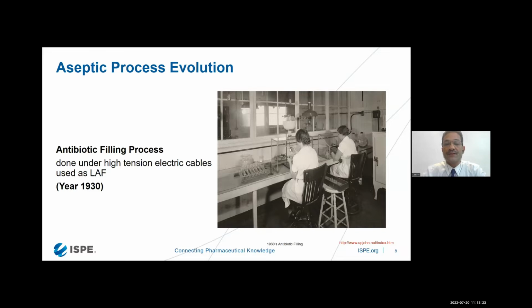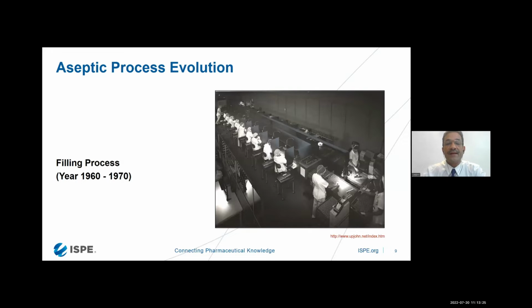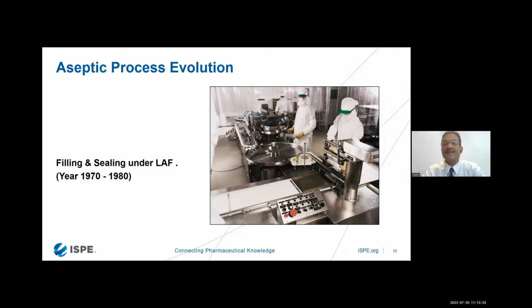The filling process went on in the 1960s and 1970s. You can see this is how the filling process used to happen. And somewhere in the 1970s, we had systems wherein the entire ceiling of the filling room was a fan filter unit, with HEPA filters across the entire ceiling and the equipment placed below.